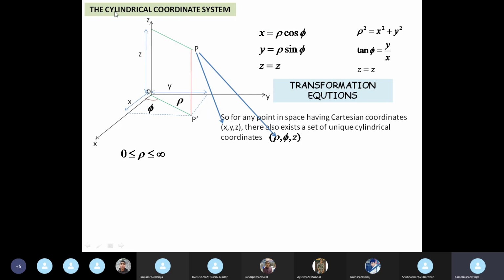It could be on the other side also, 10 units away from the z-axis. It could be here also. It could be here also. It could be here also. So can someone tell me that if I just tell you that P is at a distance 10 units from the z-axis, then what is the shape along which I can place this point P about the z-axis?